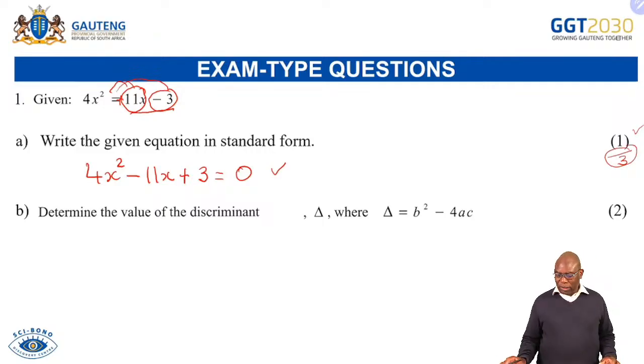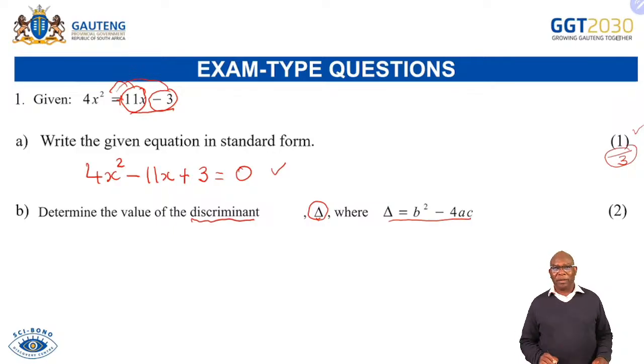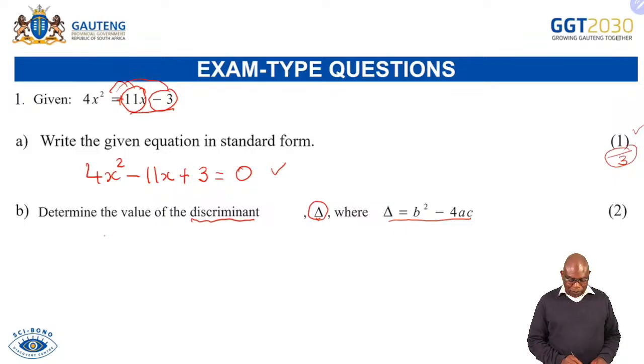Now the next question will say, determine the value of the discriminant. They're not telling you to get the nature of the roots. Can you see this word now? We've talked about this word, discriminant. They give you that sign to show you that that is the discriminant. They even give you the formula to do it. Okay, so in this case, delta equals, I'm just substituting.